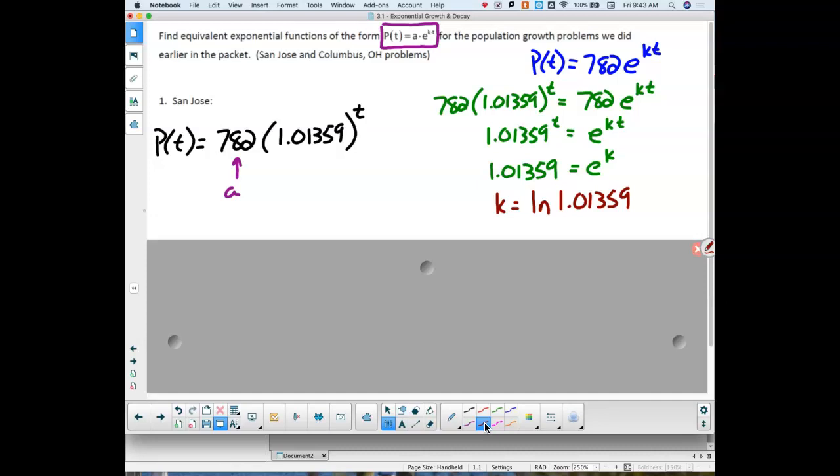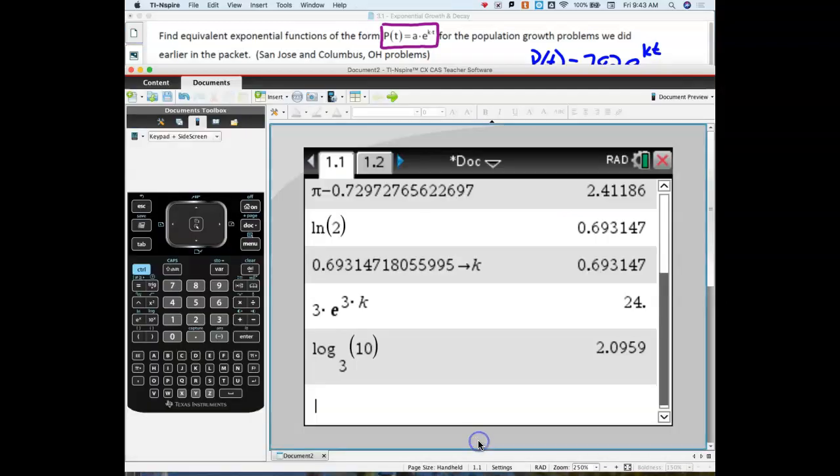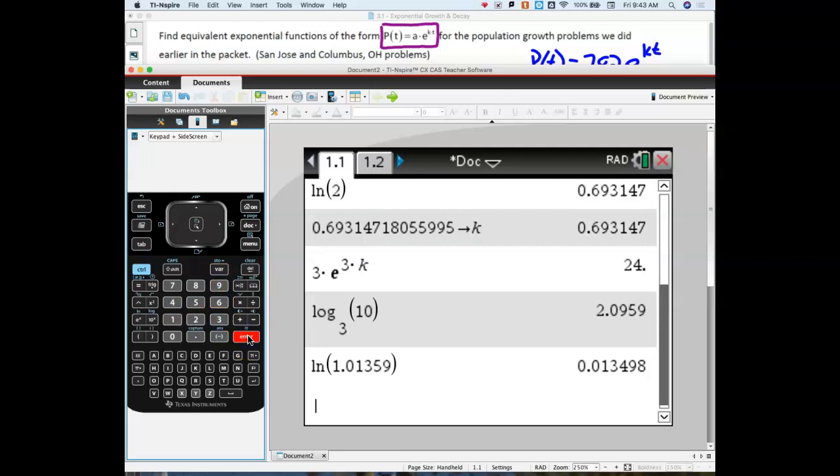Which is approximately the natural log of 1.01359 is that. Now, I'm going to store that as my new k.